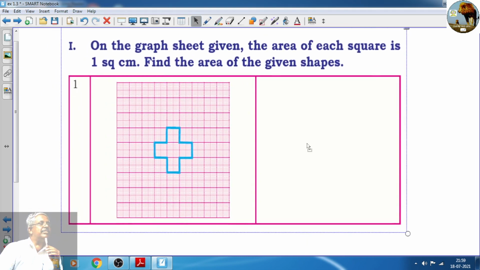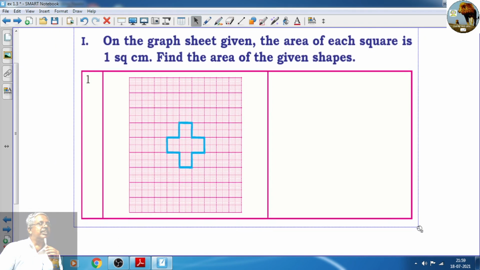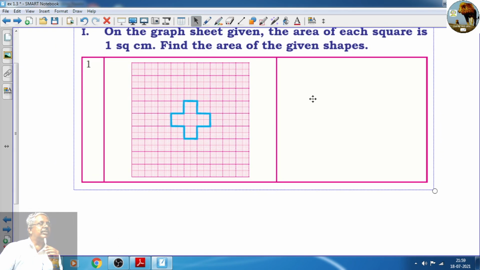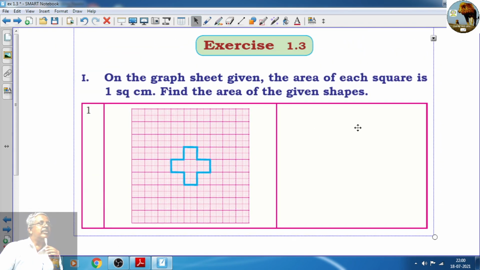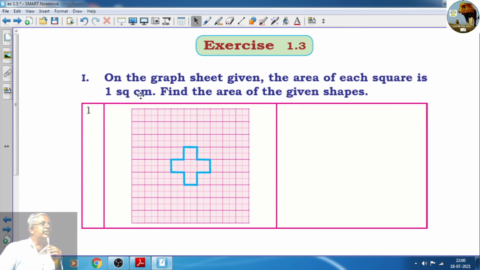Okay, I have this figure here. So in this figure, what am I going to teach you? On the graph sheet, given the area of each square is 1 square centimeter, find the area of the given shapes. So how do you start counting?